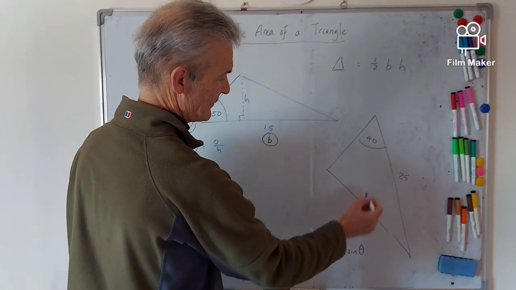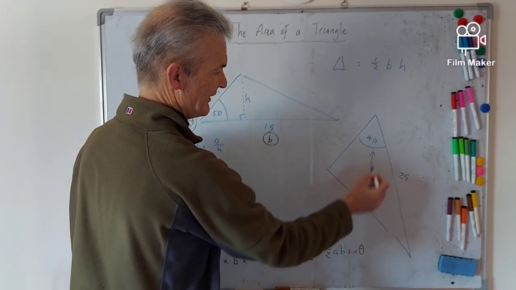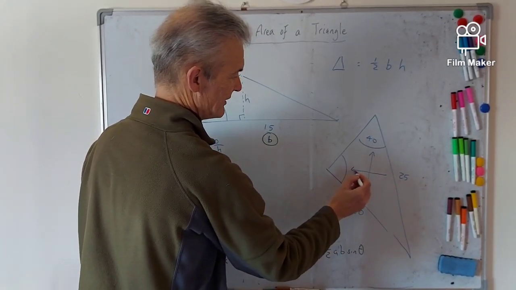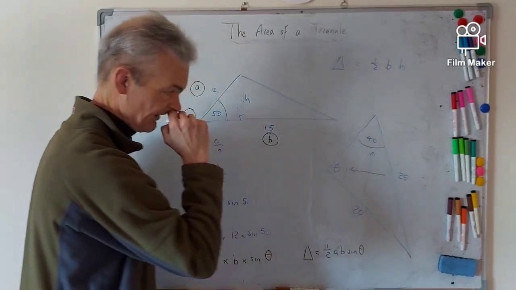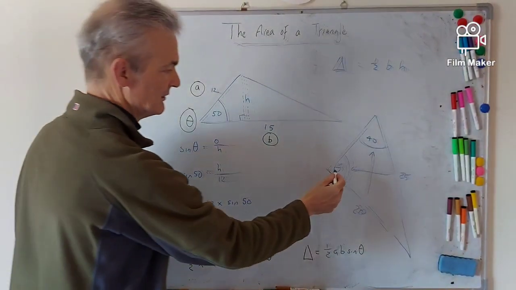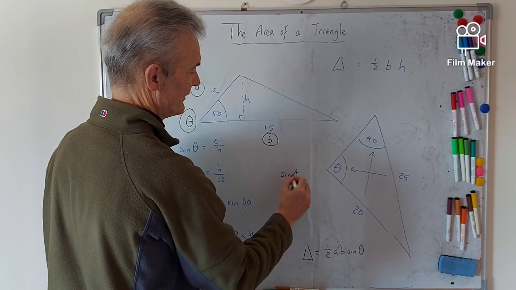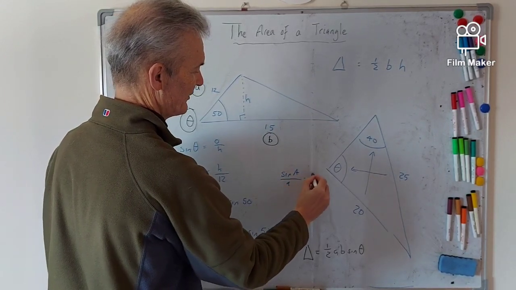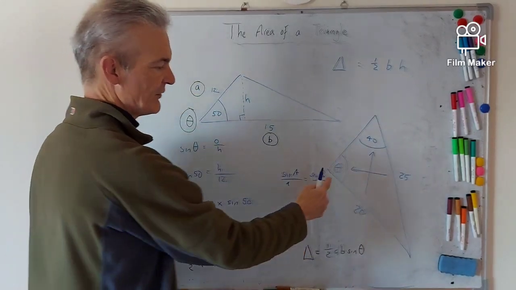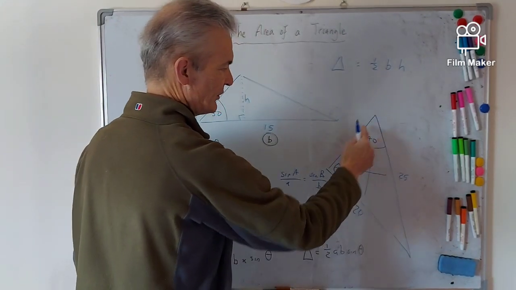I notice here that I've got a side and an angle opposite it. I've got a side here, and I could get this angle over here if I call it theta. So I could use the sine rule to get this angle. So remember, the sine rule is sine A over A equals sine B over B. And once I've got that angle there, we've got a triangle here.